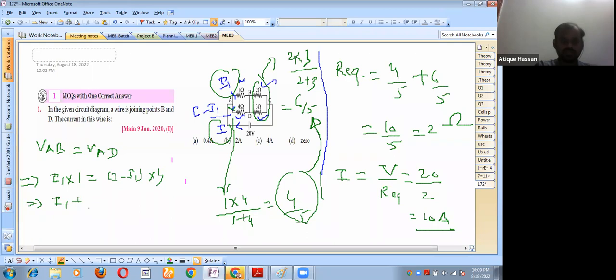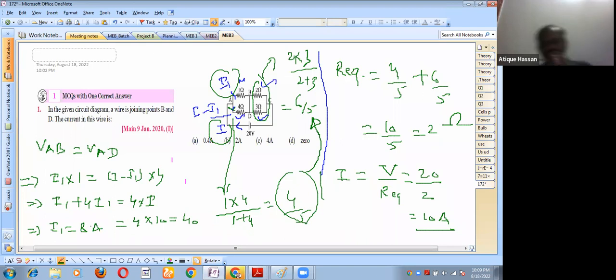I1 plus 4I1 will be equal to 4I. What is I? I is 10. 4 into 10 equals 40. So 5I1 is equal to 40, so I1 will be equal to 8 amp. Right? All of you understood how we get I1?